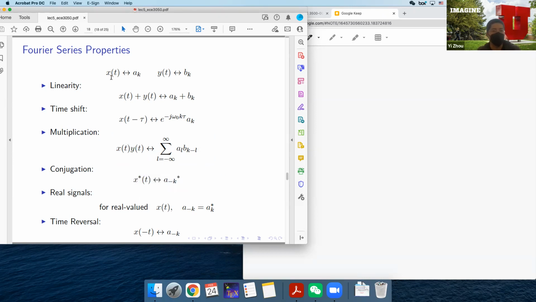For any periodic signal x(t) with spectrum a_k, now consider the conjugate of the signal, x conjugate (t). The spectrum of this signal is given by taking the original spectrum, and then we do a time reversal, negative k, and then taking the conjugate.